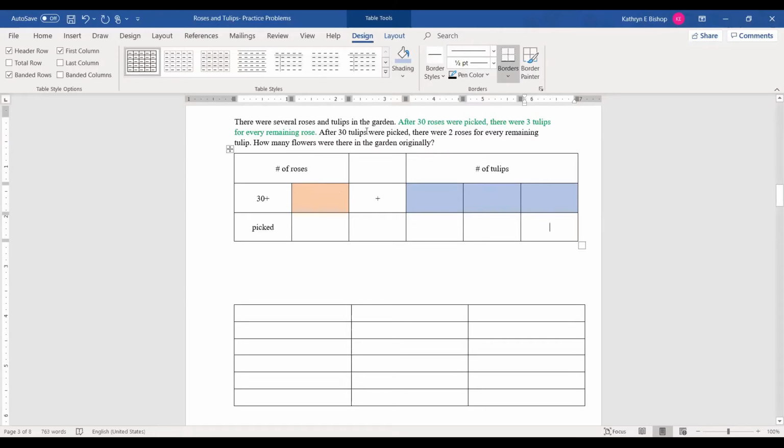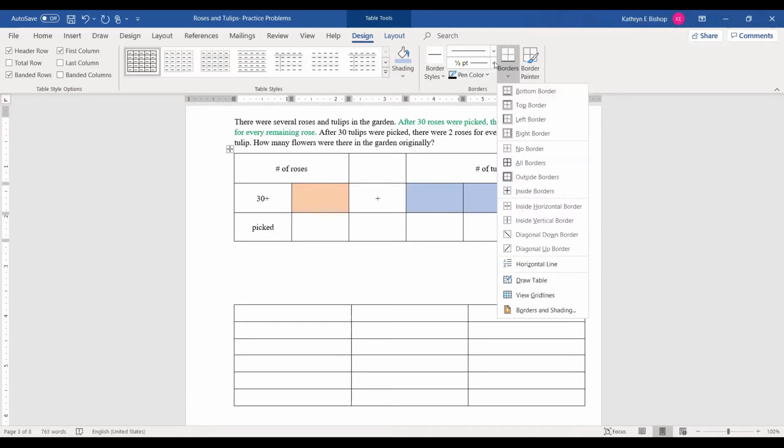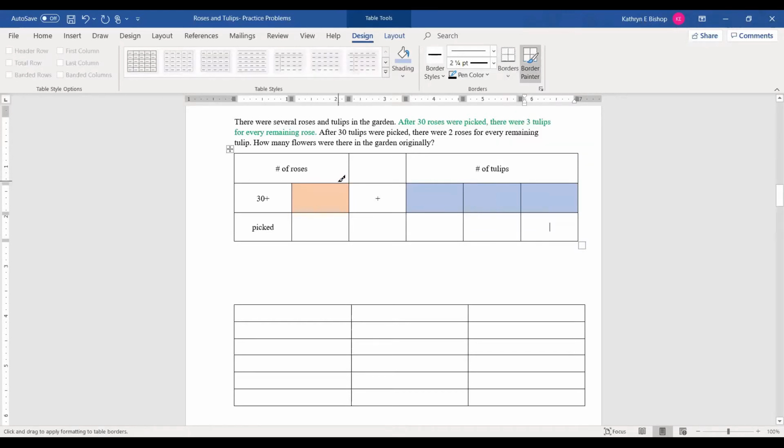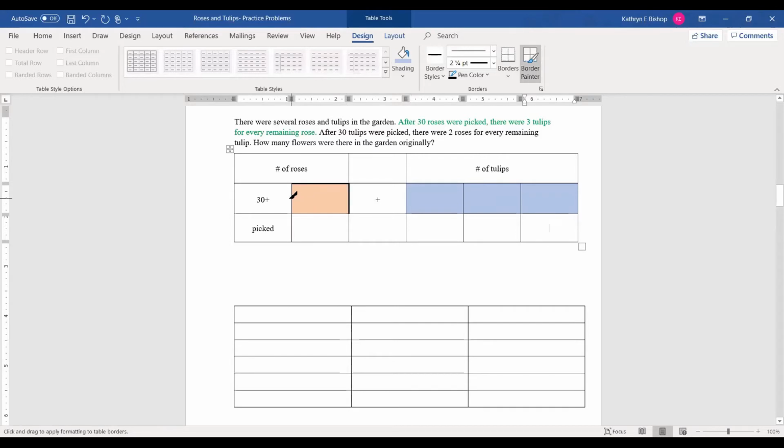So from there, it says 30 tulips were picked, and there were 2 roses for every remaining tulip. So first, I want to make my borders a bit thicker on these cells, just so they stand out when I split the cells.